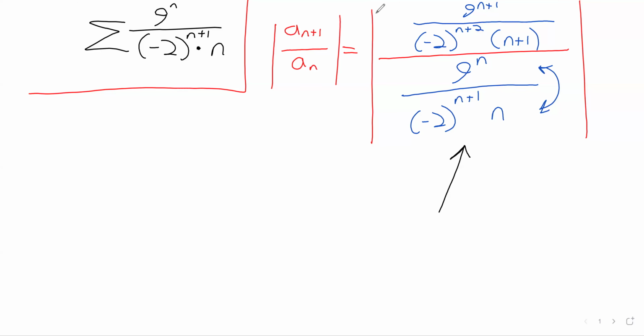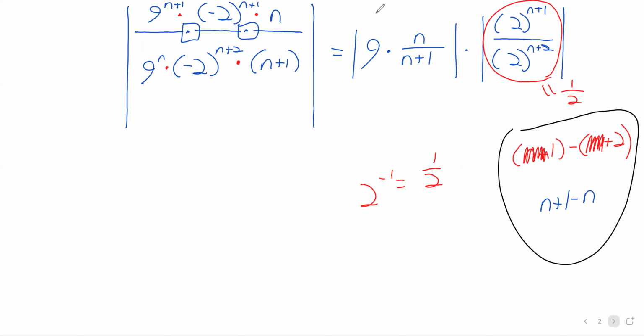Once we flip this and multiply, we just break it up into its component parts. We look at the 9 powers, we look at the -2 powers, we look at the n over the n plus 1, and we just deal with each of those separately.